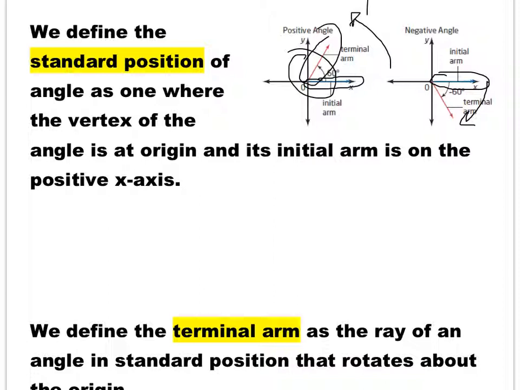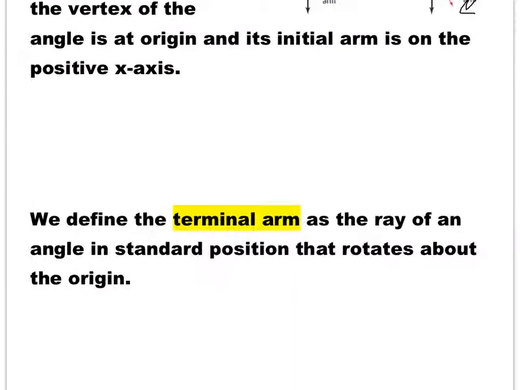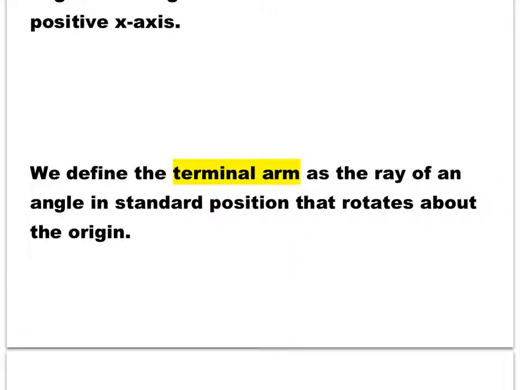And that's the point that has the xy coordinate that I showed you previously. Now, the terminal arm is the one which rotates about the origin. It's not the initial arm. That one stays stationary on the positive x-axis, but the terminal one rotates based on the angle which has to be represented.